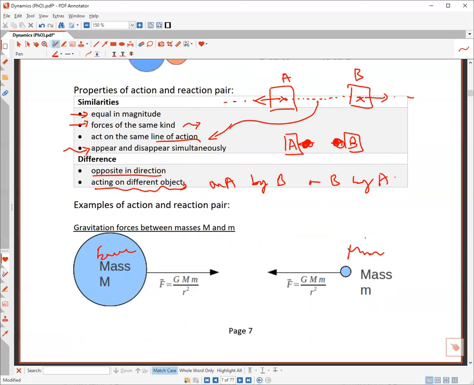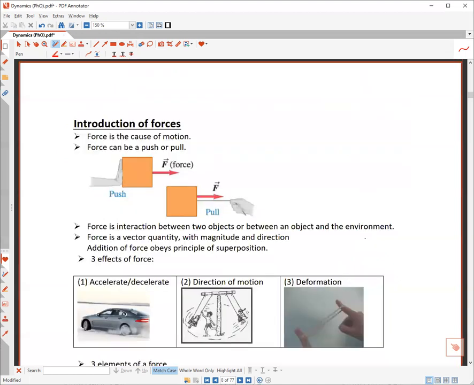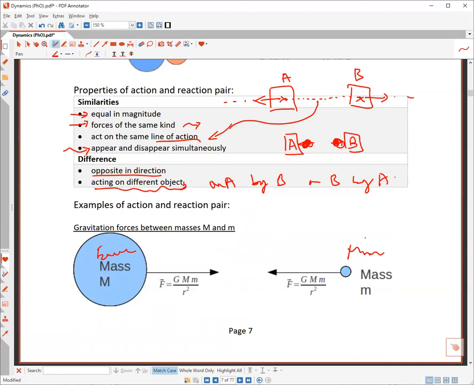Let's say for the Sun and the Earth, the Sun exerts a force on the Earth. The Earth also exerts a force on the Sun. If you compare the Sun and the Earth, these two forces have the same magnitude, but in opposite directions.